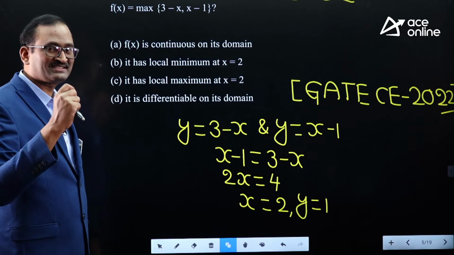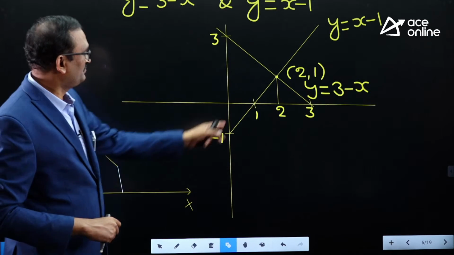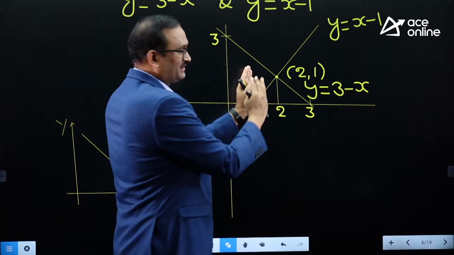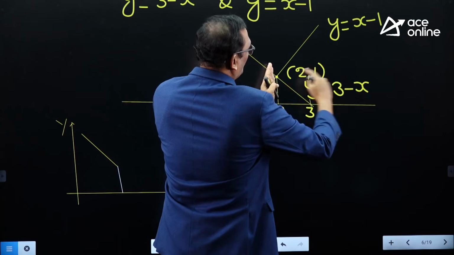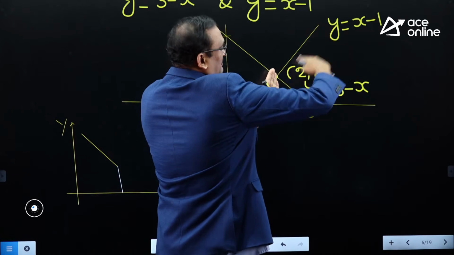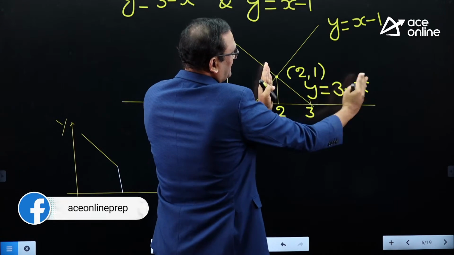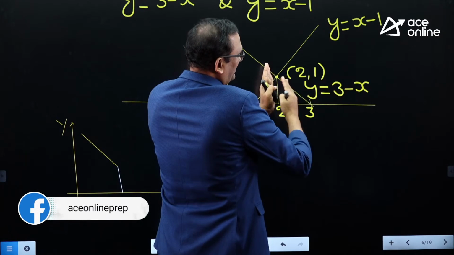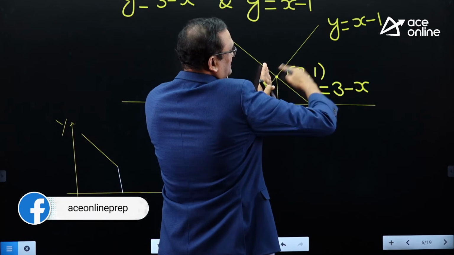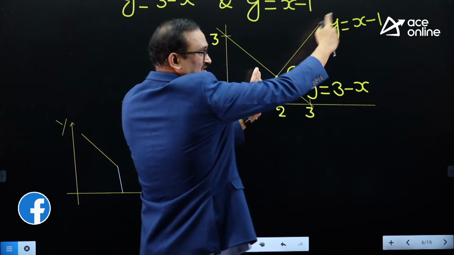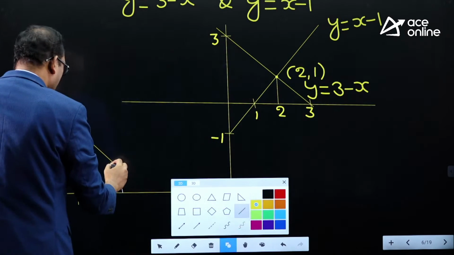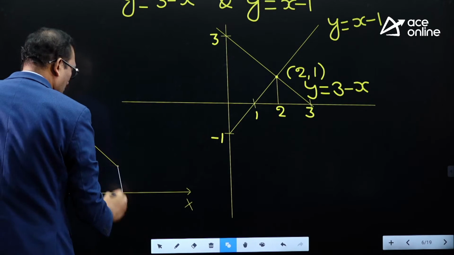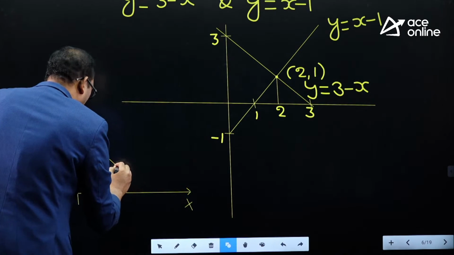So in the region x greater than 2, that means this side, x minus 1 is the bigger value. In the region x greater than 2, this is the maximum value. Means this is the diagram.